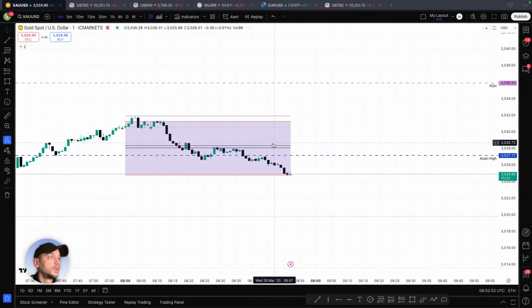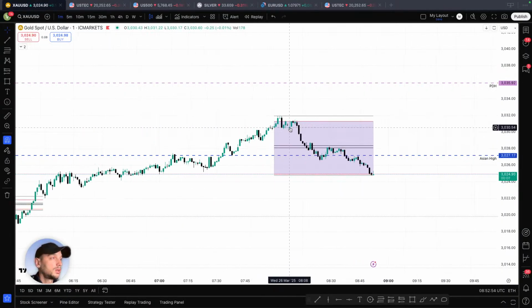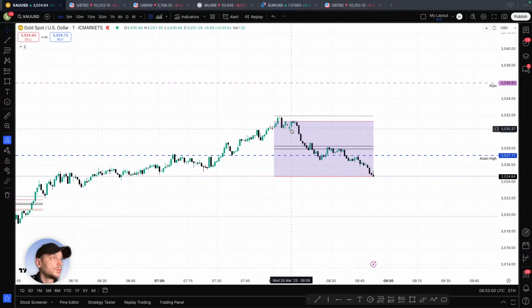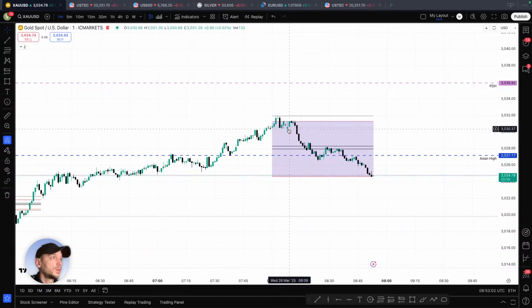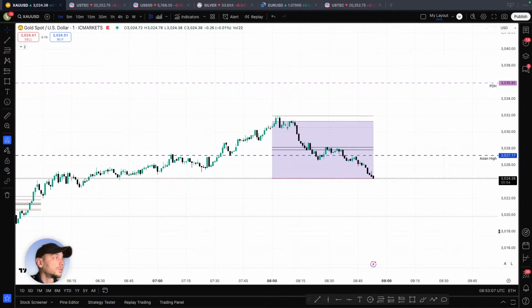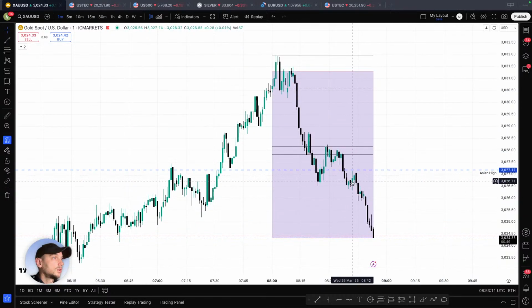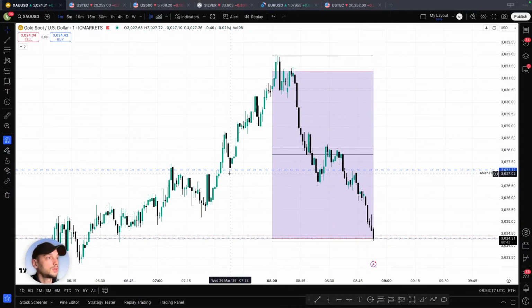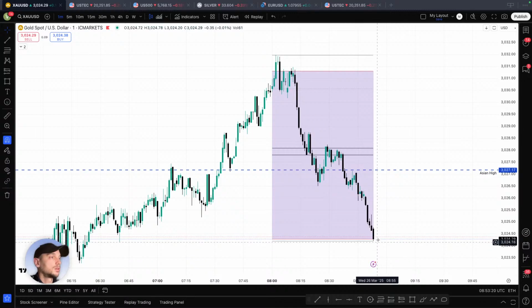And what we see on gold, we had an opportunity to go short here. Was it here? At this one, I think it was. And it looks like a good trade, to be honest. It breaks this Asia low, a support area. It becomes resistance now. The same we saw here. Just like a mirror, it repeats itself.